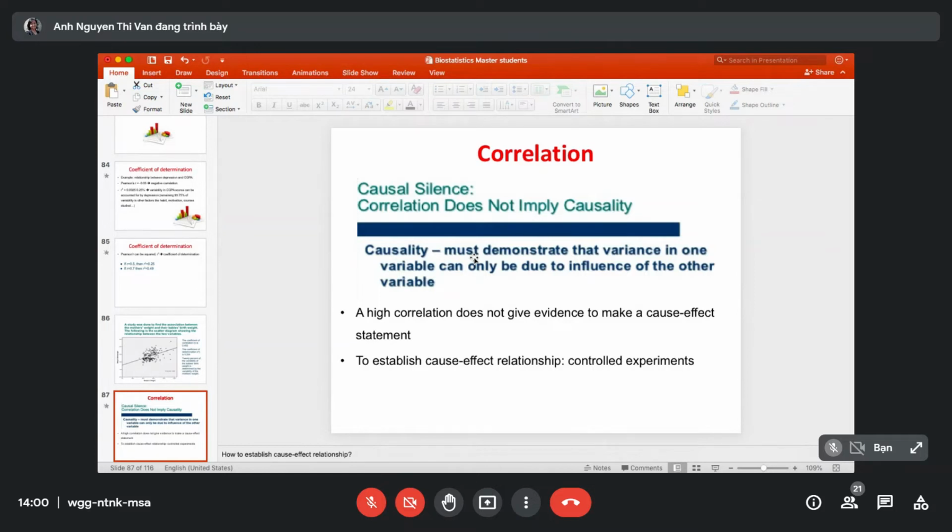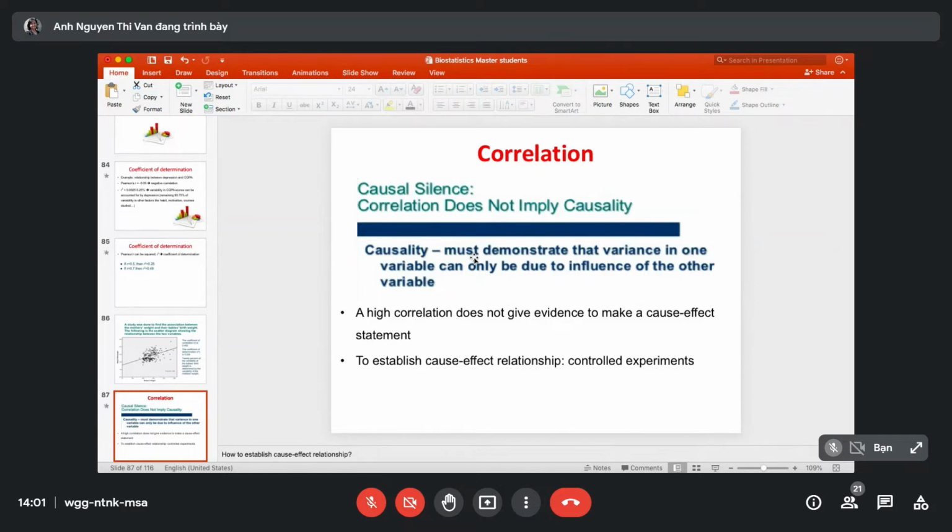We can just talk about the correlation, okay? Strong, weak, or poor. And to demonstrate causality, we try to demonstrate that the variance in one variable is only due to the influence of the other variable.